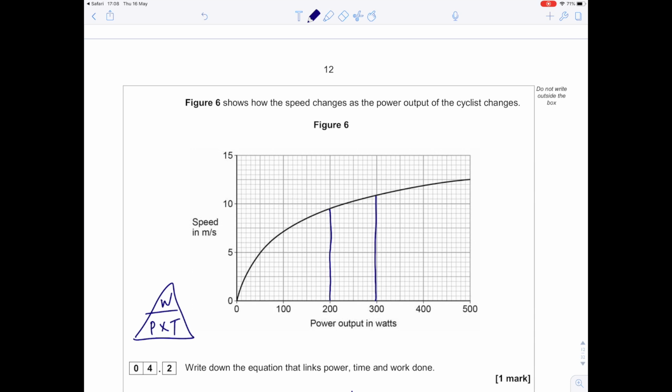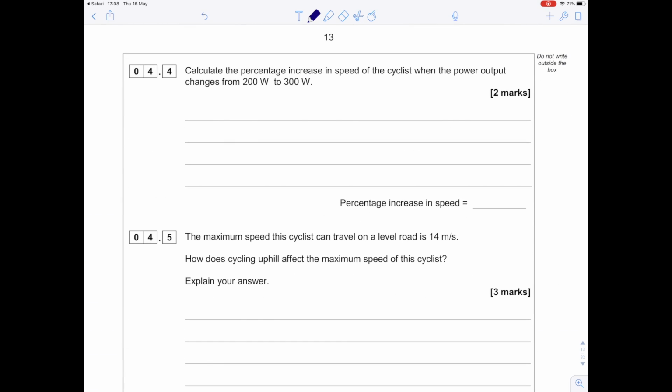So we need to read across extremely carefully along here to get 9.5 as the lower value, and then up here we have 11. So to work out the percentage increase, we do change over original times by 100.